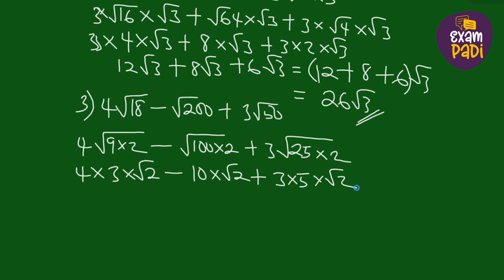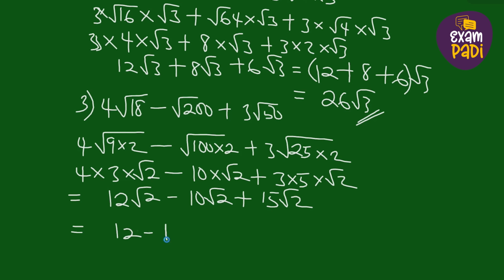So we have 12 root 2 minus 10 root 2 plus 3 times 5, 15 root 2. So let's add and subtract since they have the same root. So we have 12 minus 10 plus 15, close bracket, root 2. 12 minus 10 is 2, 2 plus 15, that is 17. So we have 17 root 2.